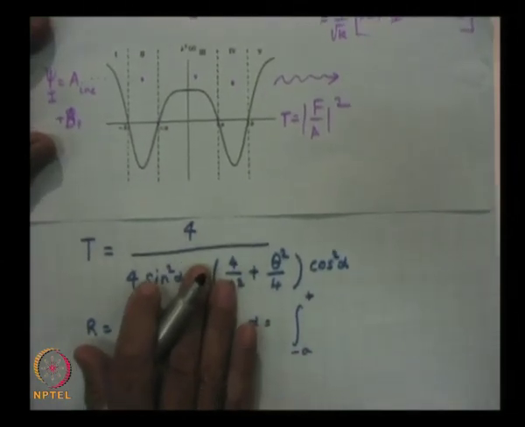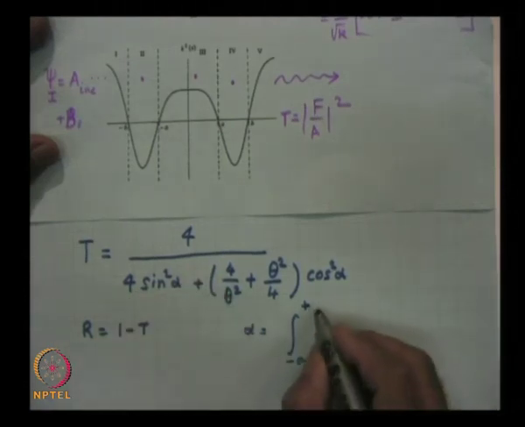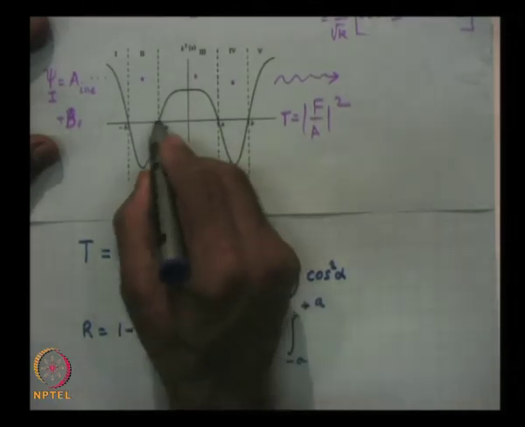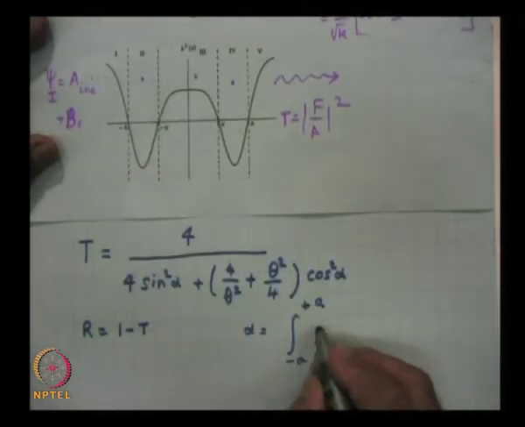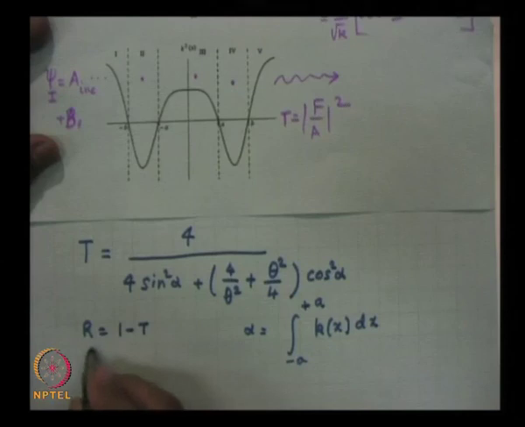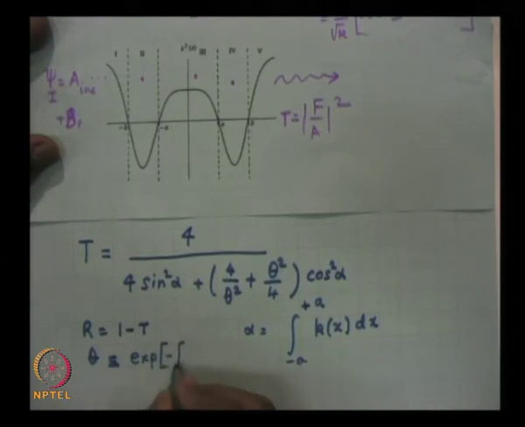So, alpha is the integral from minus A to plus A of k of x dx, because between minus A and plus A, k square of x is positive, and theta is defined to be equal to the exponential of the integral from minus A to B of kappa dx.